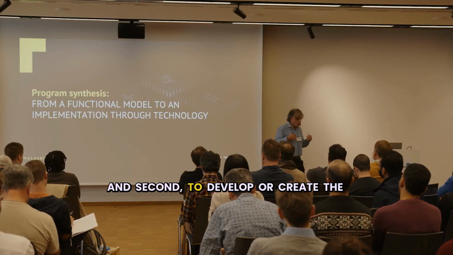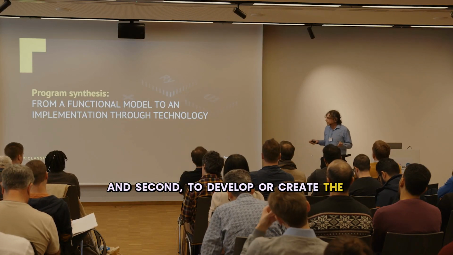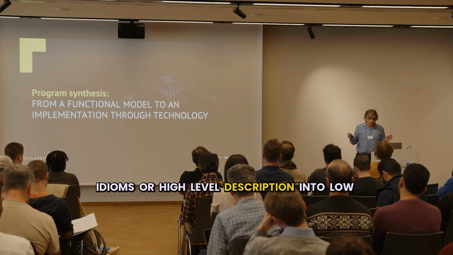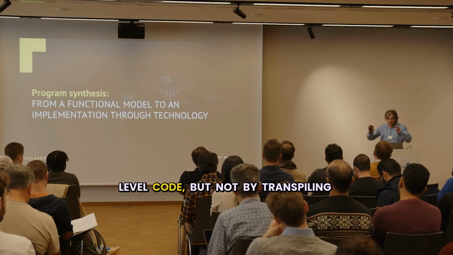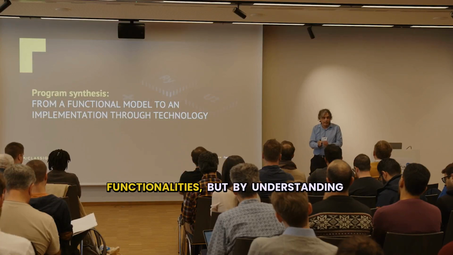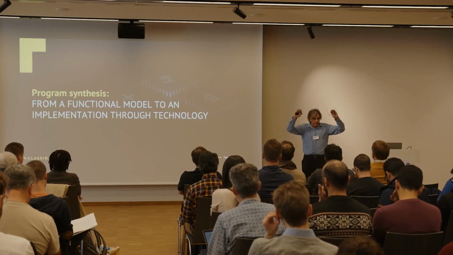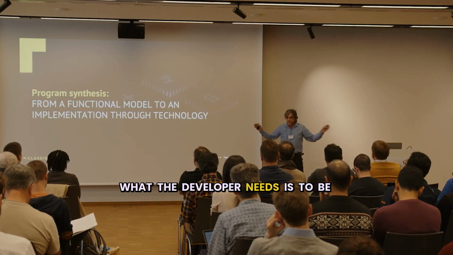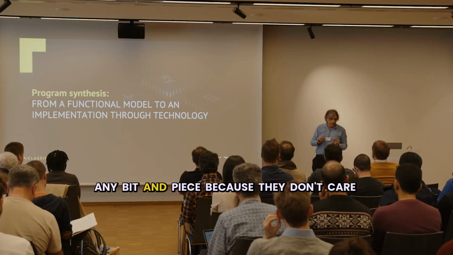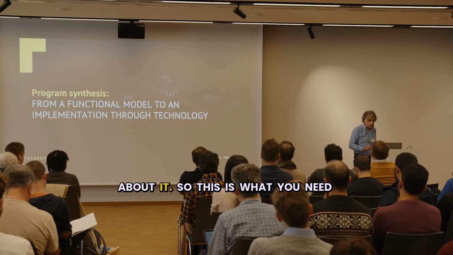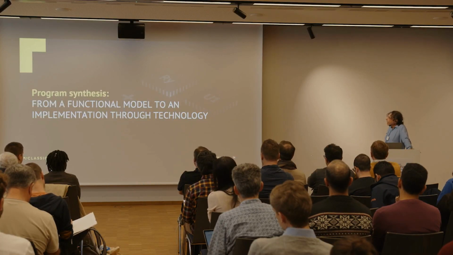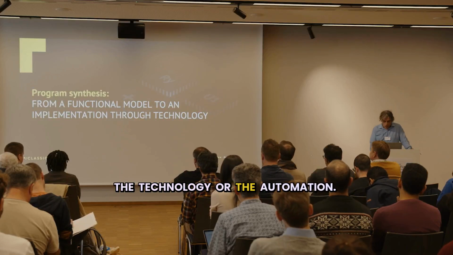And second, to develop the technology which will take those idioms or high-level description into low-level code, not by transpiling to very similar low-level functionalities, but by understanding that what the developer needs is to be functionally correct, and not to be correct on every bit and piece because they don't care about it. So this is what you need to have in mind when I describe the technology or the automation.